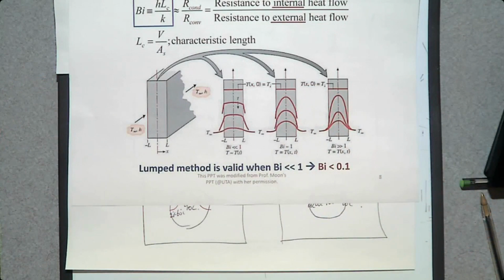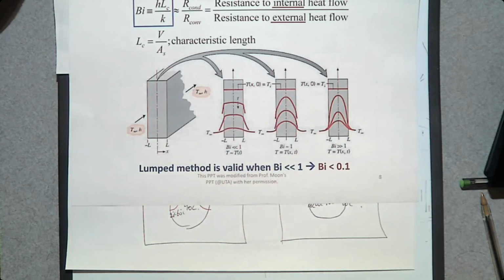When a solid is exposed to a fluid at extremely low temperature, if the conduction heat transfer within the solid is excellent, then the temperature is going to be almost uniform in the solid. But when the heat transfer by conduction within the solid is not that good, then the center is still hot. Away from the center is going to be pretty low. So there's a significant temperature distribution.